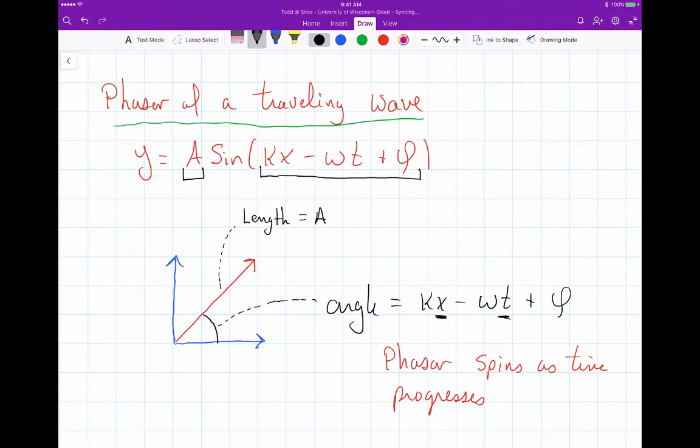We have essentially a spinning vector. One way to sometimes visualize this is as the hands on a clock that are either rotating counterclockwise or clockwise, depending on what exactly you are looking at. And so these phasors are essentially spinning as time progresses, or spinning as you move through space.